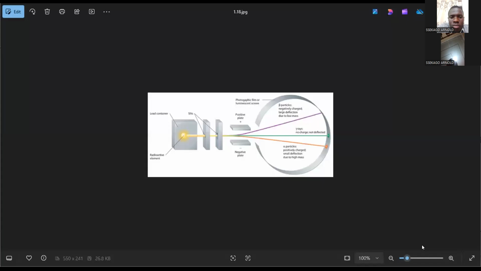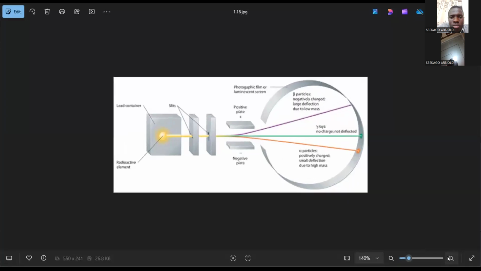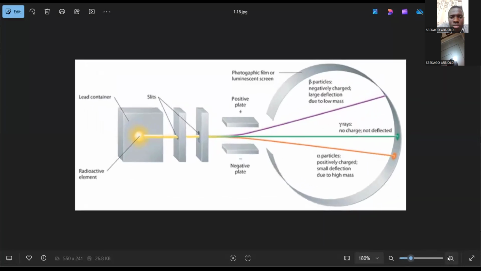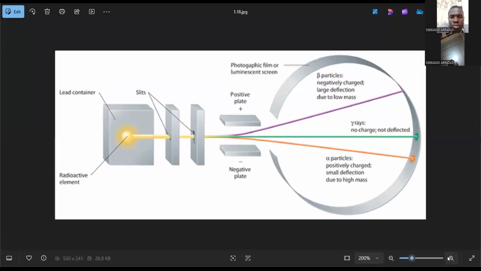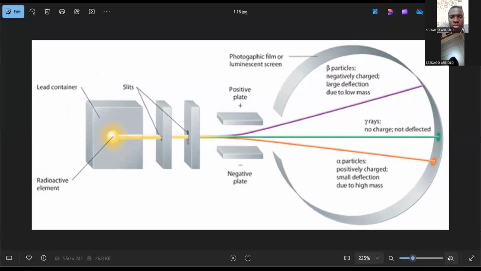Now here, on top, the heading should be effect of deflection by electric field. In an electric field, I have told you we have a positive plate and a negative plate, and this is the source of radiation.